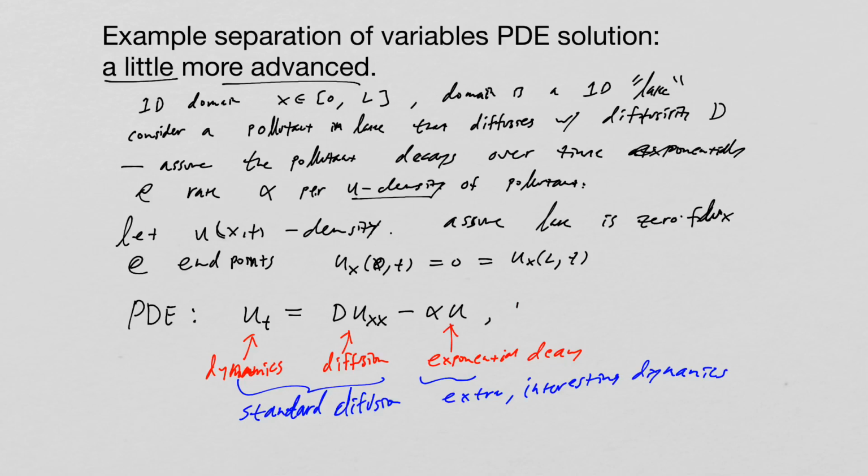Okay, so our initial condition is going to be U of x comma 0 equal to 1 plus cosine of 2 pi over L x.